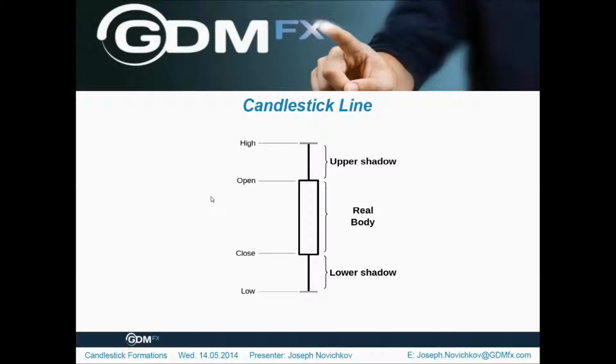Talking about the candlestick at this particular moment, we can see that we have a real body, and we have the possibility to see a shadow on the upside and the downside, which we call an upper shadow and a lower shadow respectively.